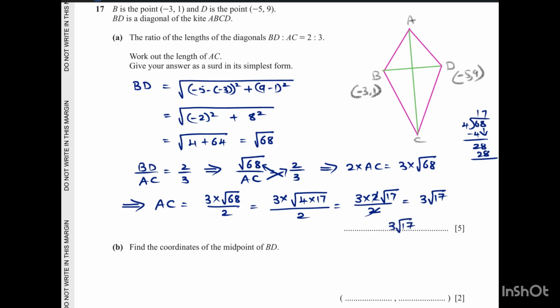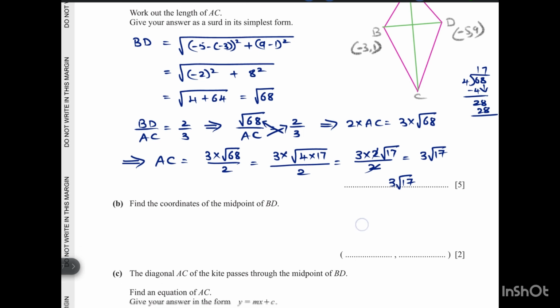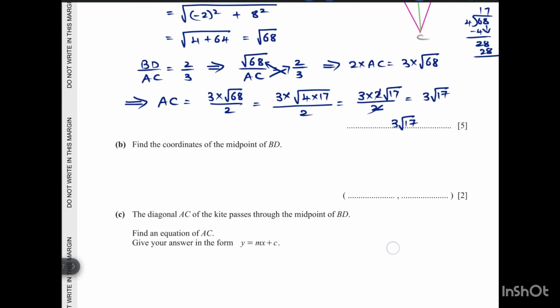This is the answer. Question number B now. Find the coordinates of the midpoint of BD. Now midpoint is simple, you have to use the rule (x1 plus x2) by 2, (y1 plus y2) by 2.